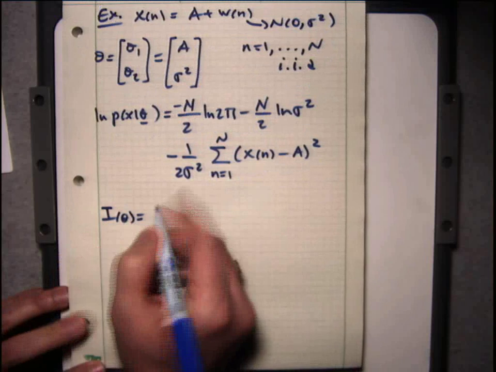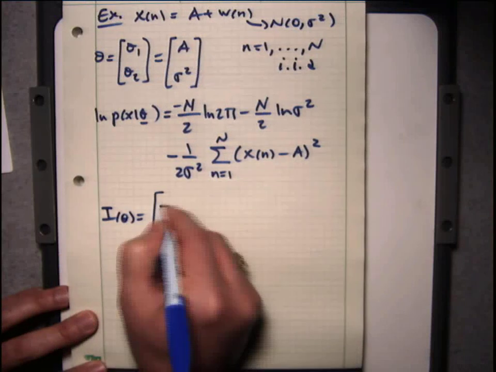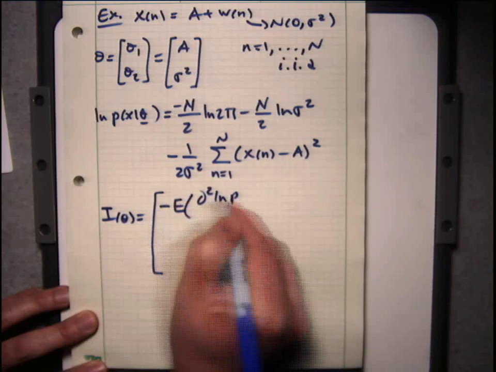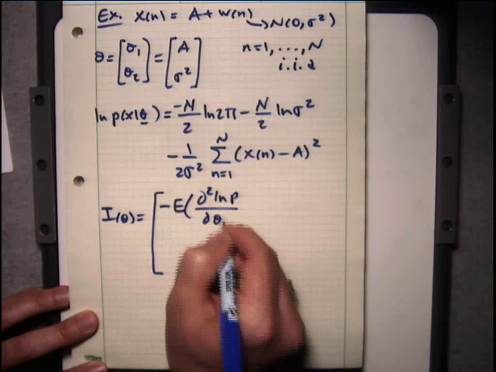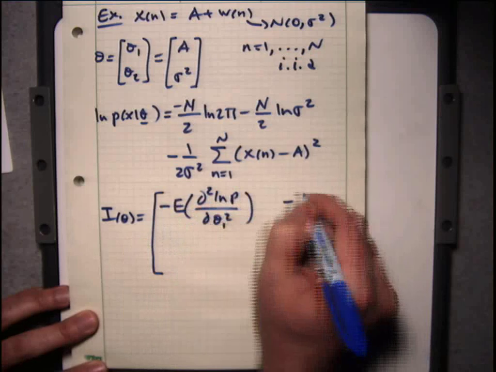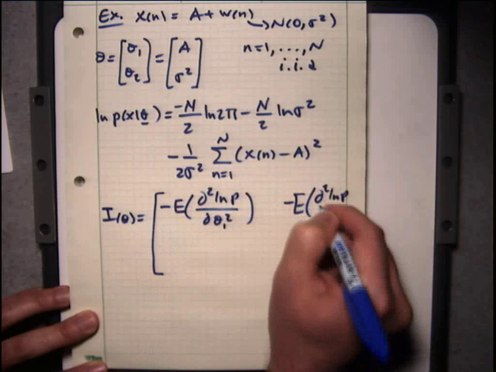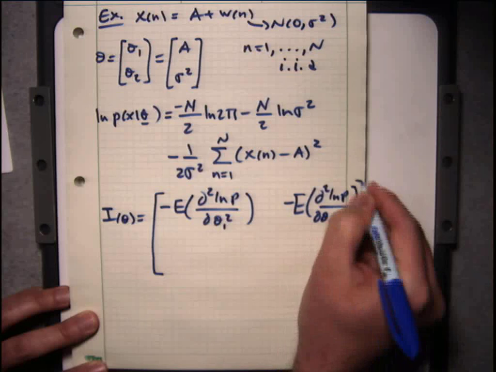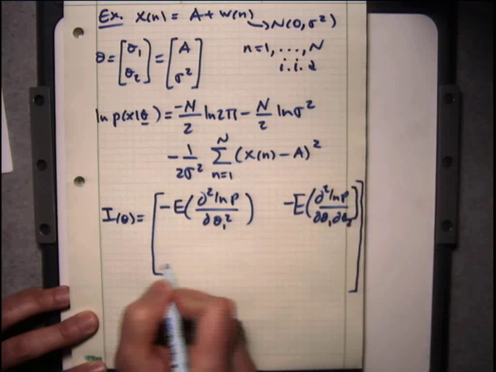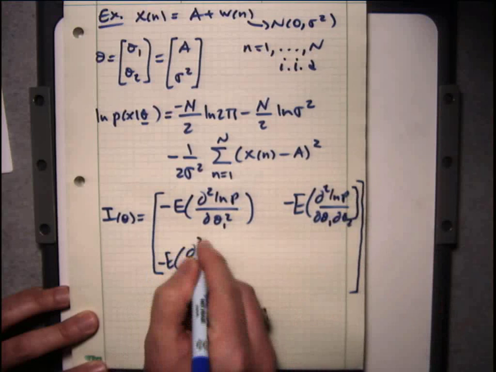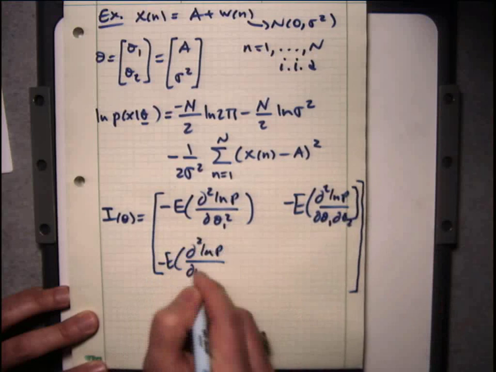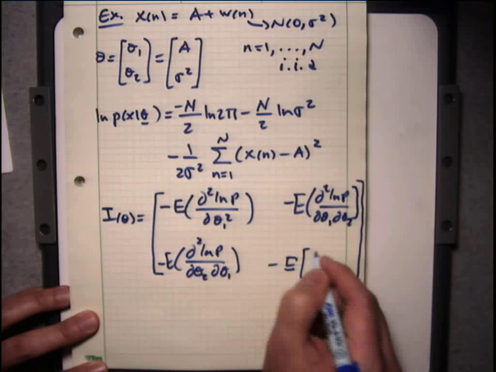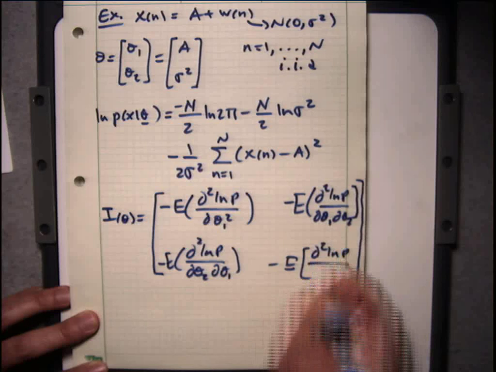This is minus the expected value of the second derivatives of log p: d theta 1 squared, d theta 1 d theta 2, d theta 2 d theta 1, and d theta 2 squared.